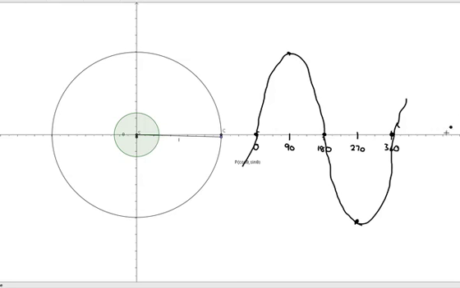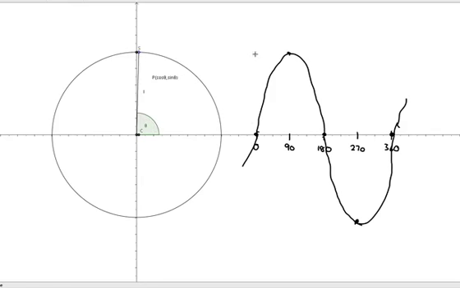So we've got the familiar, not as well drawn as it could be, but there is the familiar sine graph, which we've recovered from this. And of course we could do a similar sort of thing for the cosine values, which are the x-coordinates. They would start off at 1 and go down to 0.